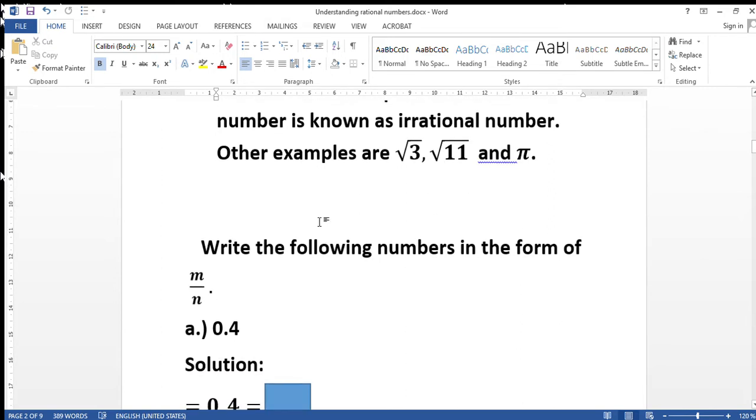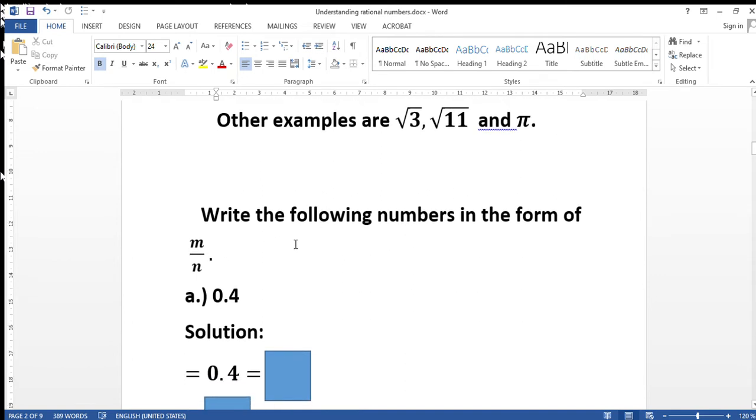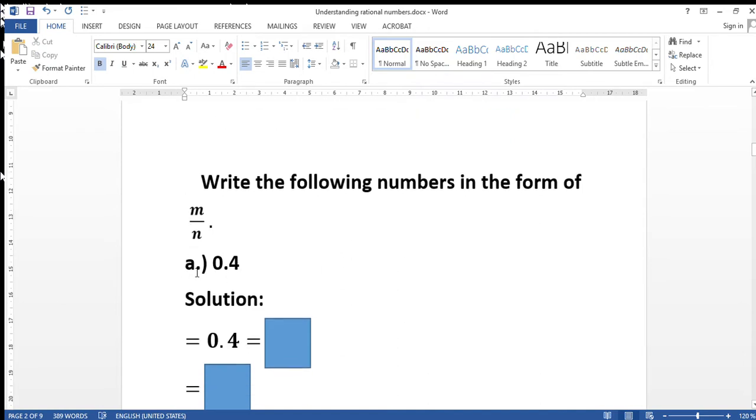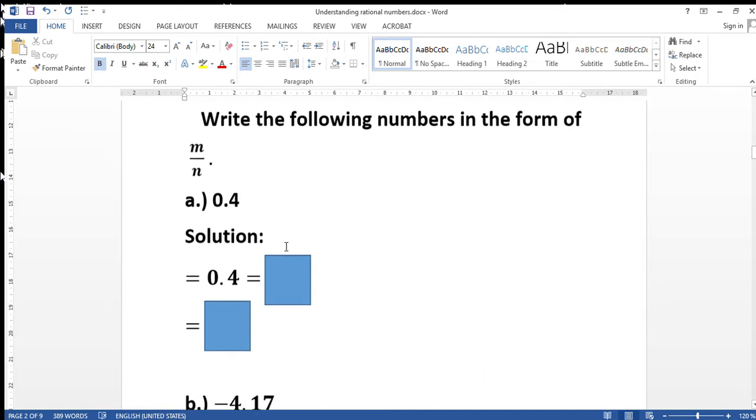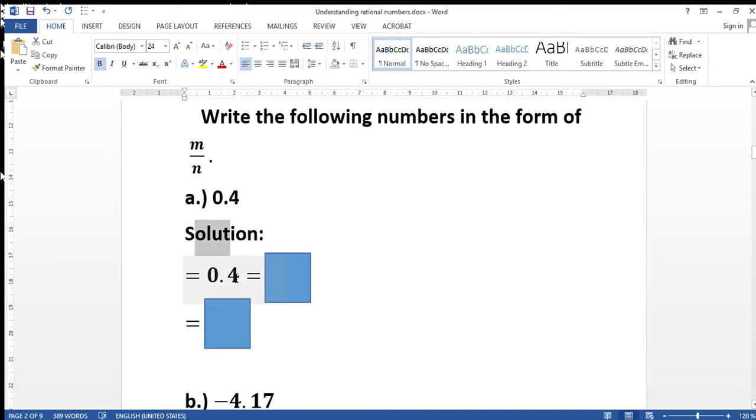Alright, let's proceed. Write the following numbers in the form of a ratio or fraction, m as the numerator and n as the denominator. First we have 0.4. Solution: we have 0.4. That will be written as 4 over 10.